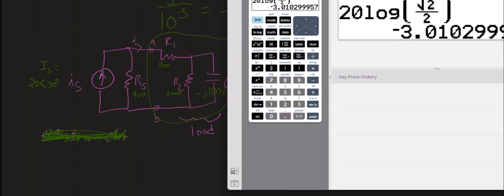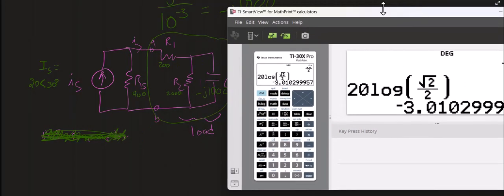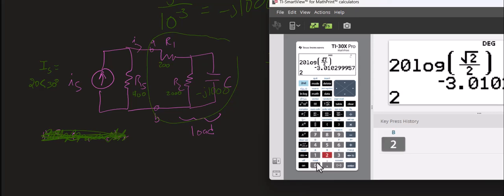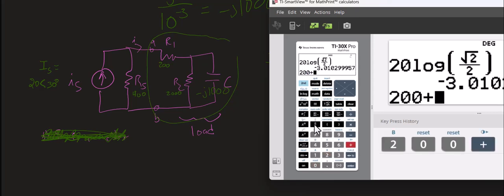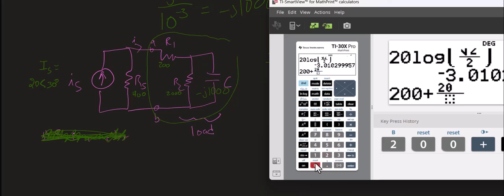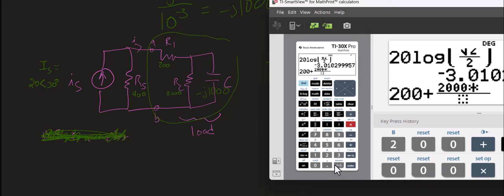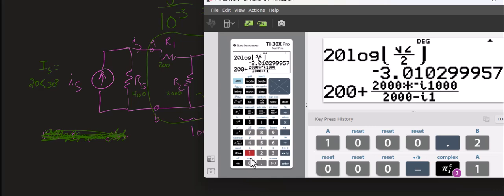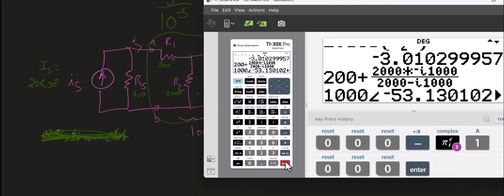So I want 200 plus 2,000 times minus J 1,000 over 2,000 minus J 1,000, and I get 1,000 angle negative 53.1.